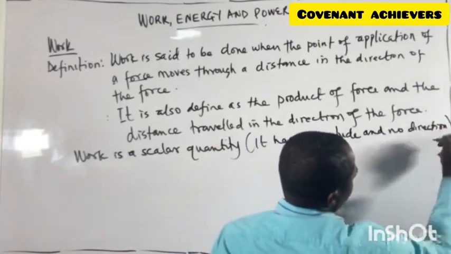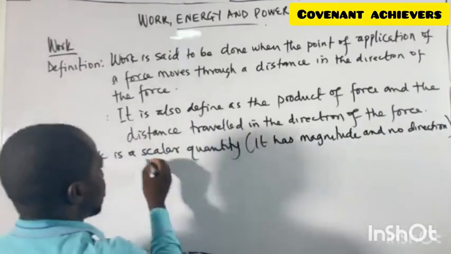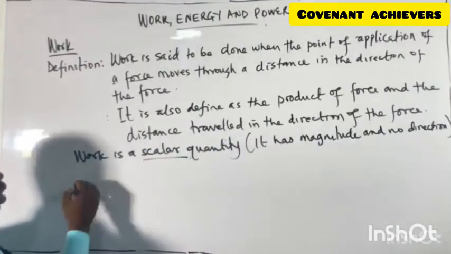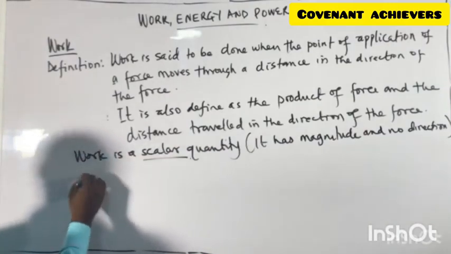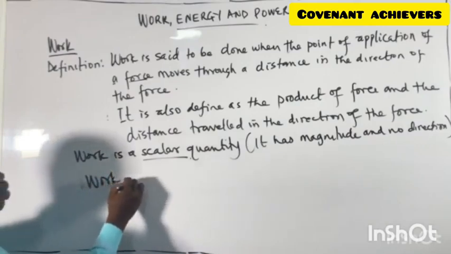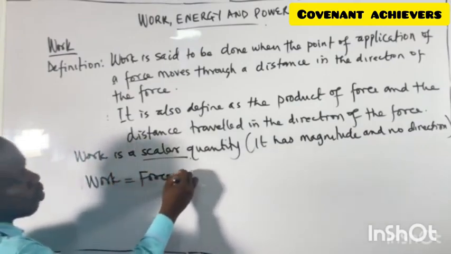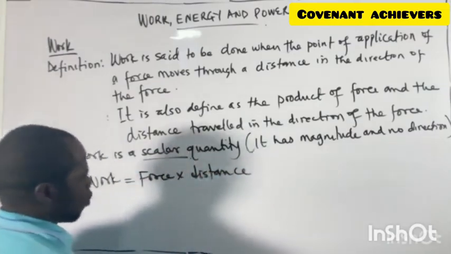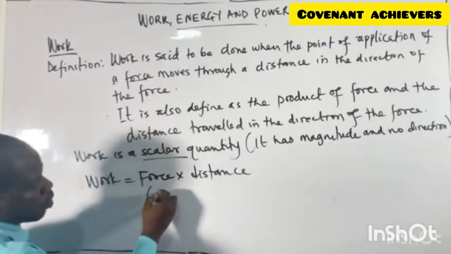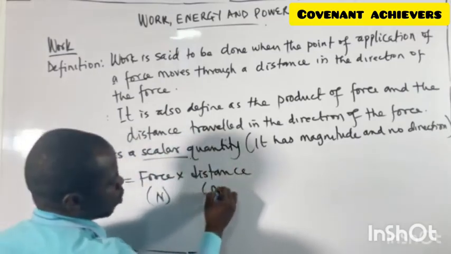It has only magnitude and no direction. That's why we say it is a scalar quantity. From the definition we have given, you can say that work is equal to force times distance, and force is measured in Newton, while distance is measured in meter.